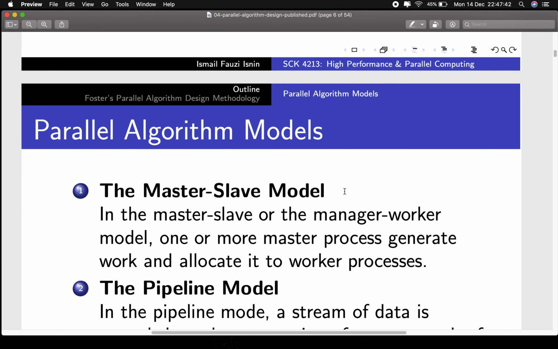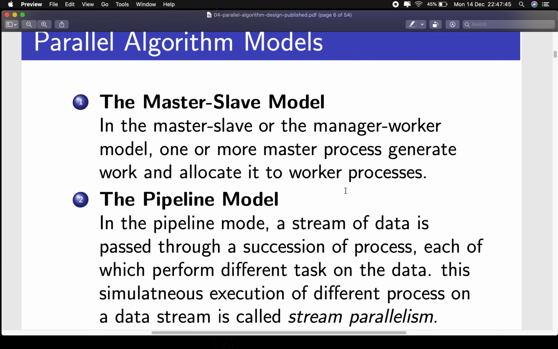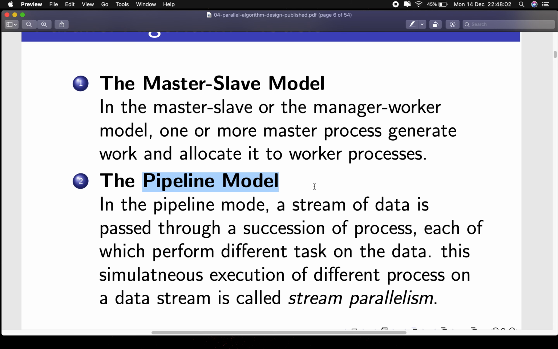The fourth one is the master-slave model, also called the manager-worker model, in which one or more master processes generate work and allocate it to worker processes. The last one is the pipeline model, in which stream data is passed through a succession of processes, each of which performs a different task on the data.